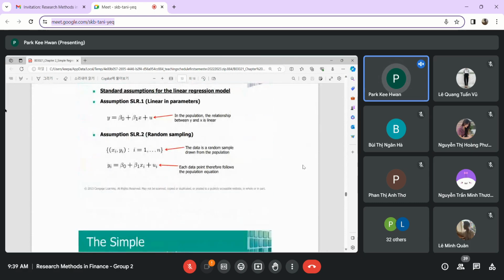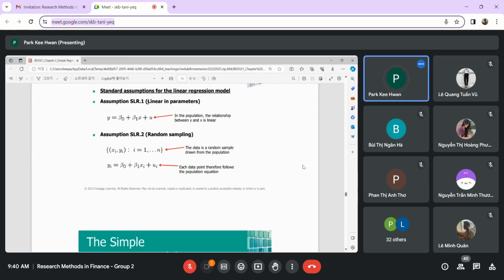Before we talk about the mean and variance of the OLS estimators, we will make some standard assumptions for the linear regression model. Okay, so we are dealing with the linear regression model. Assumption one, SLR, which means simple linear regression.